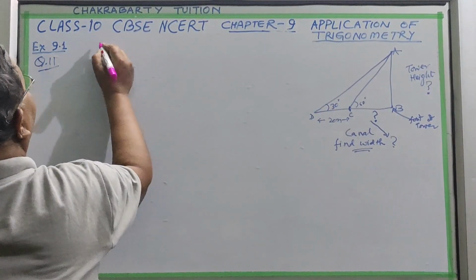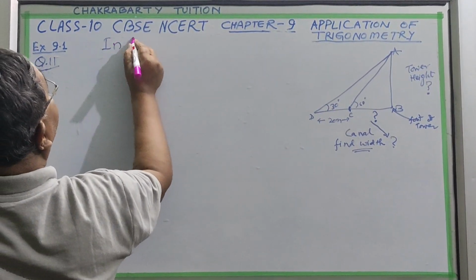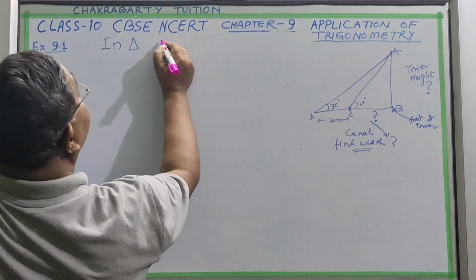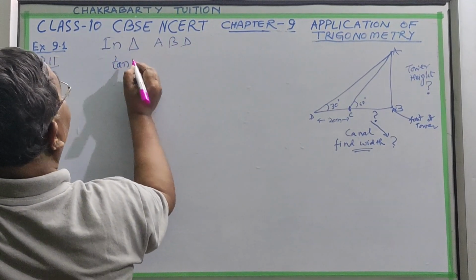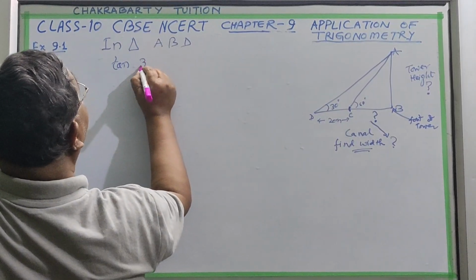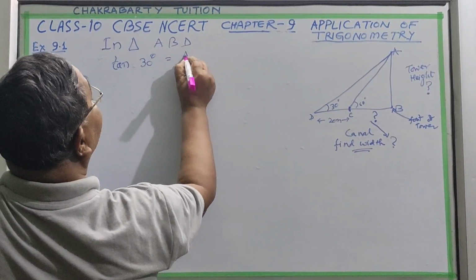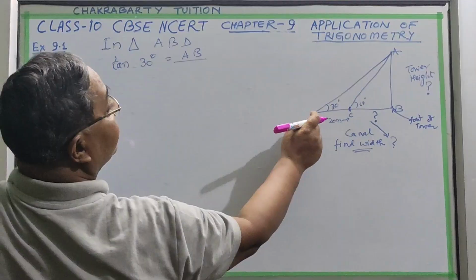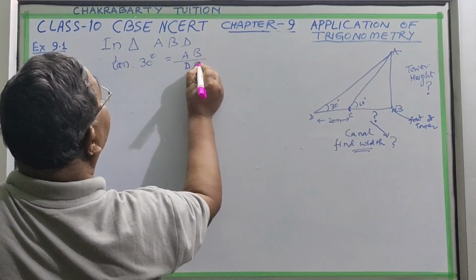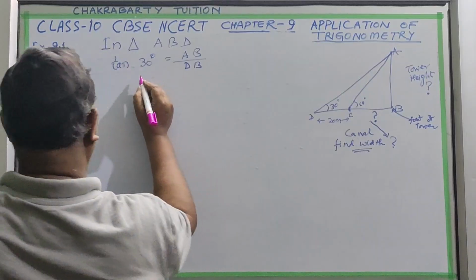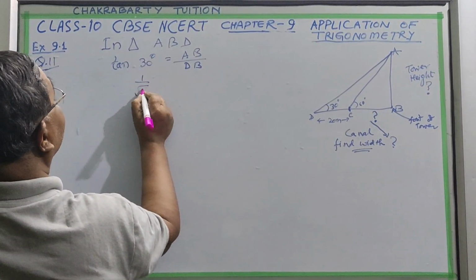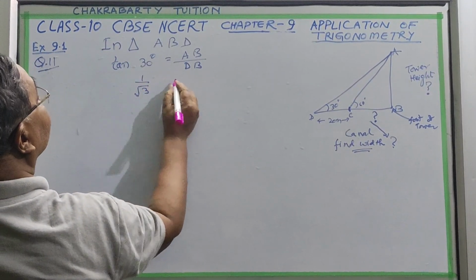So in triangle ABD, tan 30 degrees is equal to AB upon DB. Tan 30 is equal to 1 by under root 3.